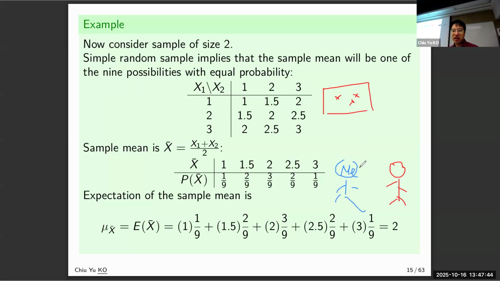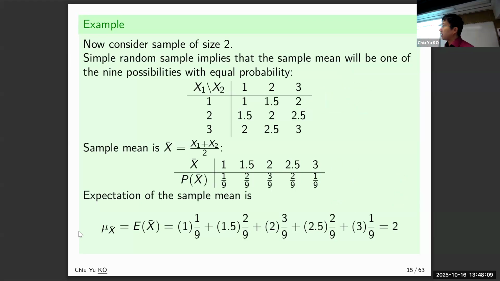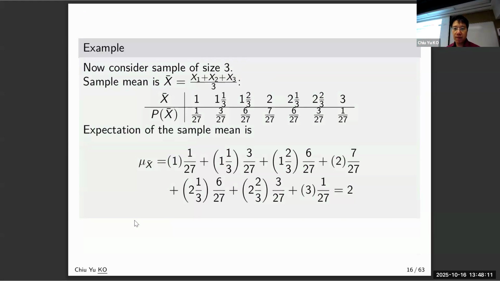My son is better than I am. But if I hit here, here, and here, on average I'm hitting the target. The average of these three points is actually inside. So unbiased means this: it doesn't mean every shot hits the target, but on average the target is still fine. We'll talk about this next class; unbiasedness is very important.